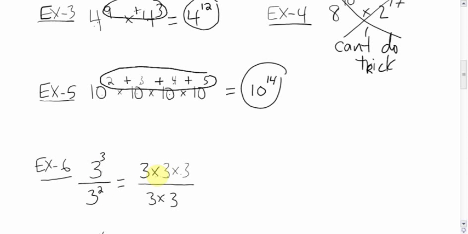Now, this 3 divided by 3, 3 divided by 3. What you have here are numbers that will cancel each other out. This 3 will cancel out this 3. This 3 cancels out this 3. What are you left with? Just 1 3. And how do you write 1 3 in exponential form? 3 to the power 1.